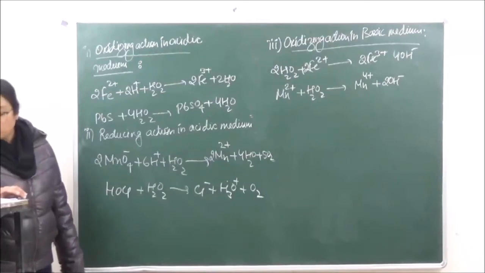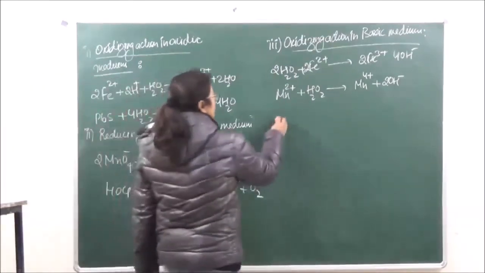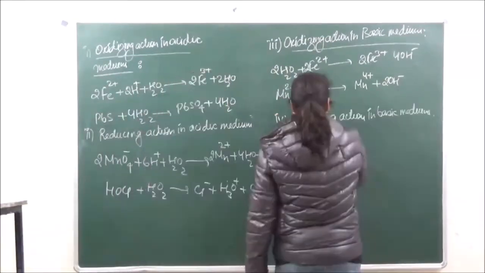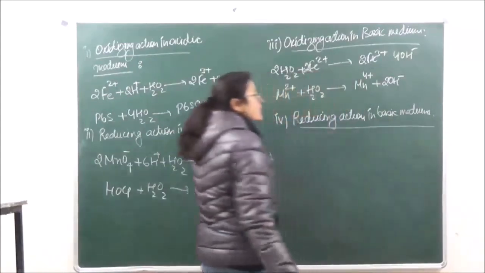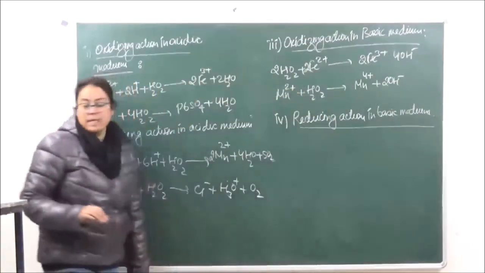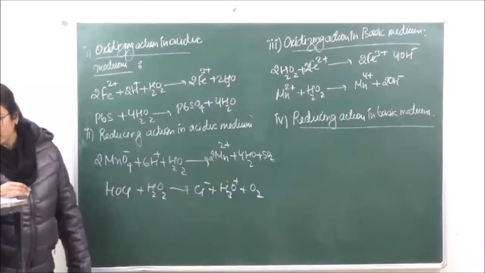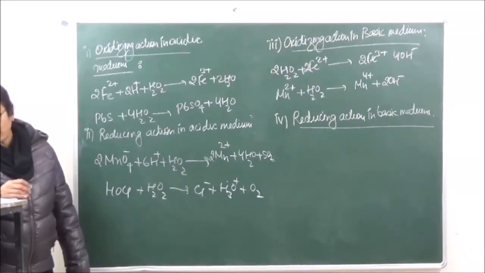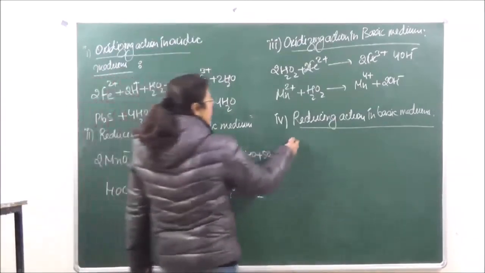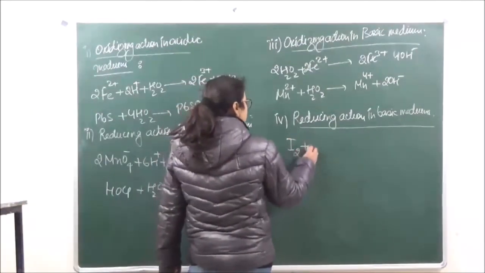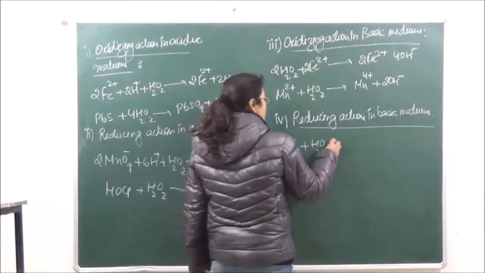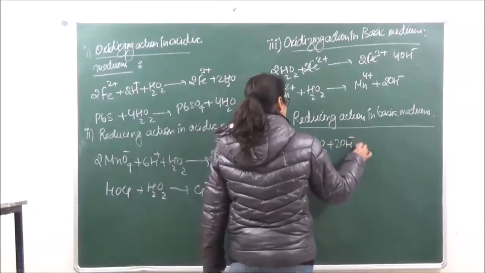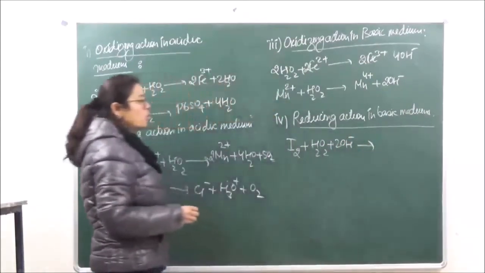Then fourth is reducing action in basic medium. In basic medium, when we are doing the reducing action, iodine is converted to iodide ion. So the reaction is going to be plus 2OH-.